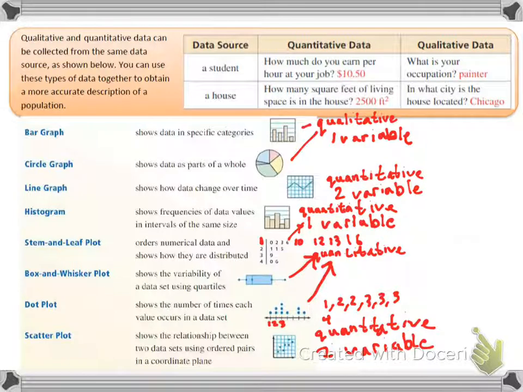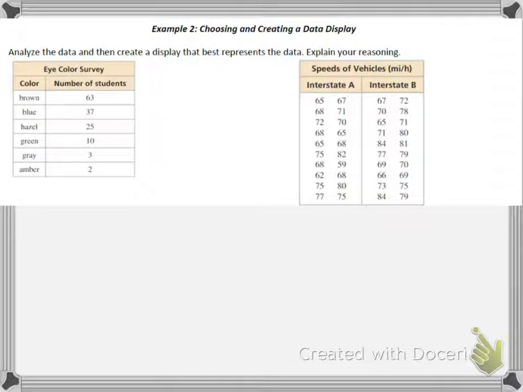All right, so now that we've seen these different types of graphs that we can use to represent things, let's take a look at some data and think about what graph would actually tell us what we want to know the most. So look at this eye color one up front. Notice all of our answers were colors. So I'm not going to be using any quantitative graph.